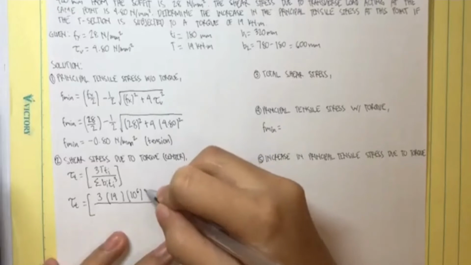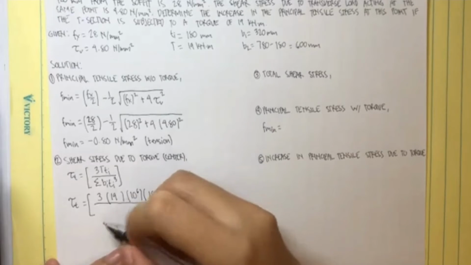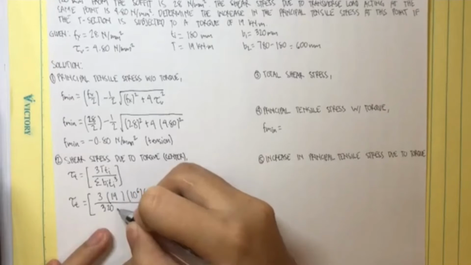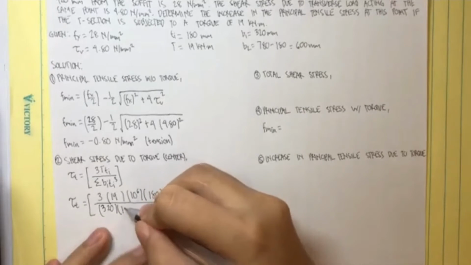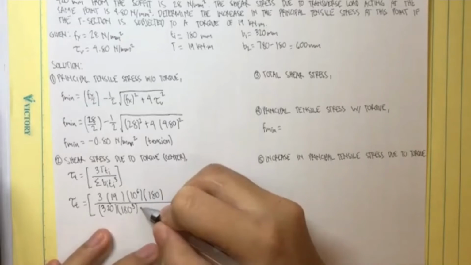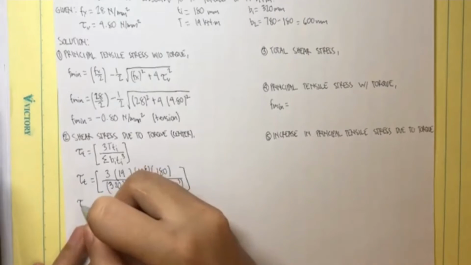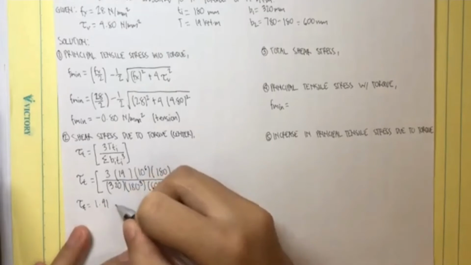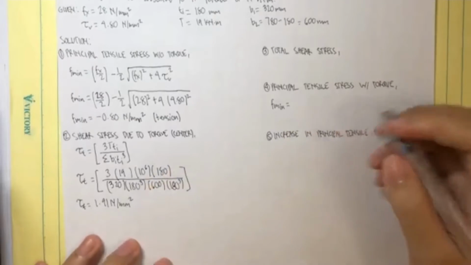So, bago mo i-times yung Ti, which is 180 over 320 times Ti na 180 cube times yung B2 600. Shear stress due to torque 1.91 Newton per millimeter squared.